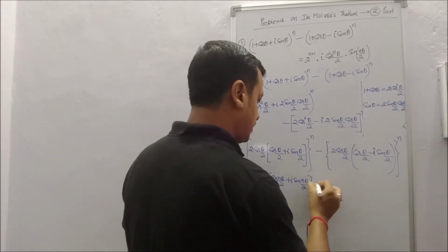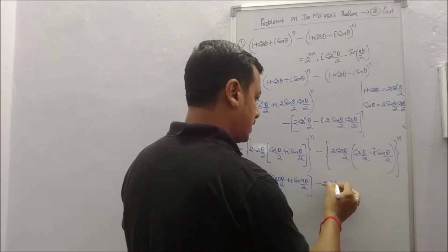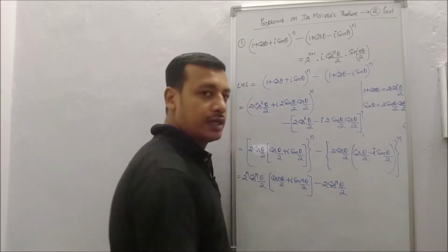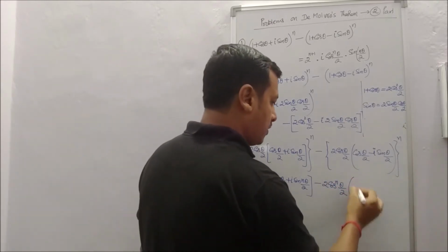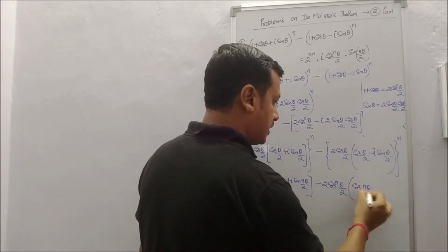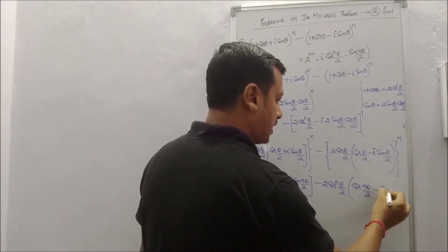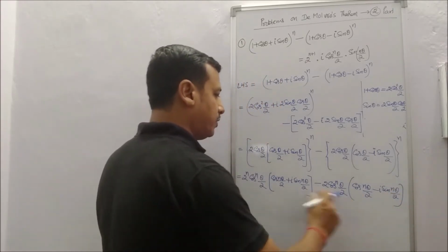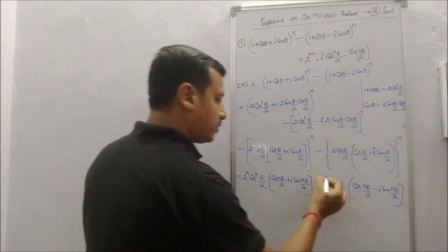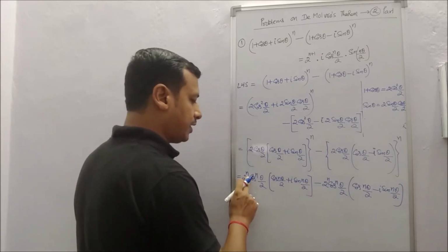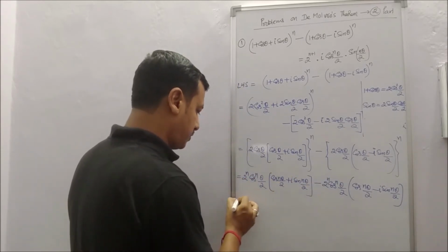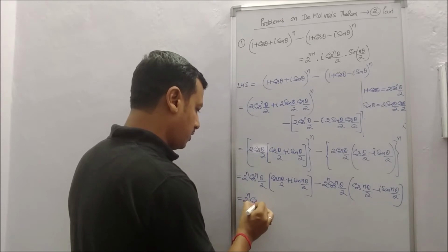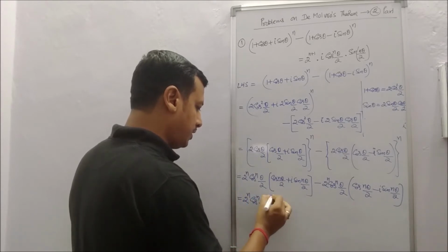The next one is 2^n cos^n(θ/2) times cos(nθ/2) − i sin(nθ/2). So in both terms the common factor is 2^n cos^n(θ/2).